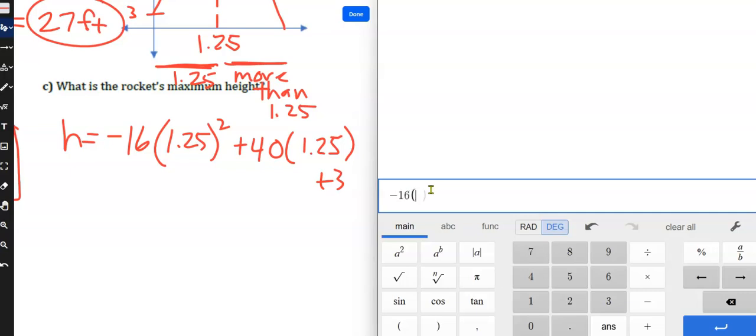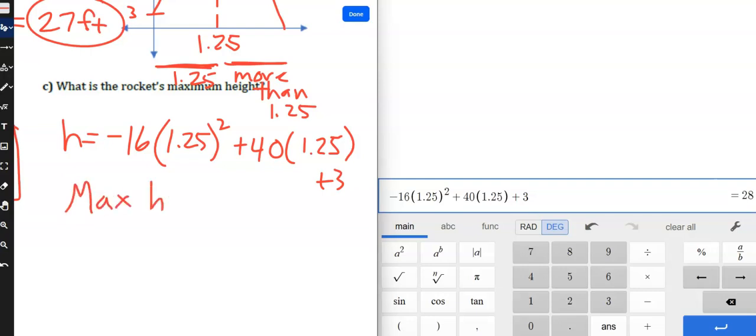So, negative 16, 1.25 squared plus 40 times 1.25 plus 3. Looks like 28. Maximum height is, I should say, max height equals 28 feet.